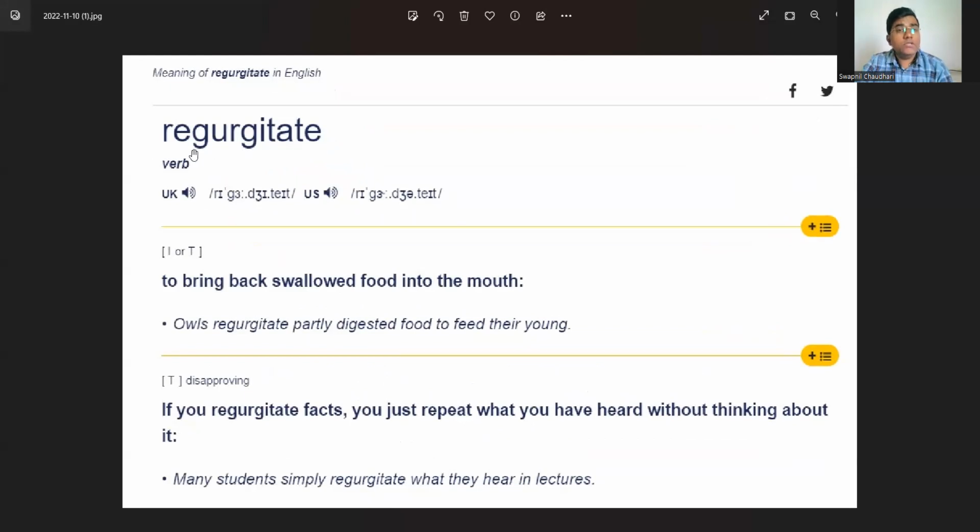Or is it regurgitate? Or is it regurgitate? So quite confusing, right? So we are just going to study these things, how to understand the pronunciation of these things. Okay?